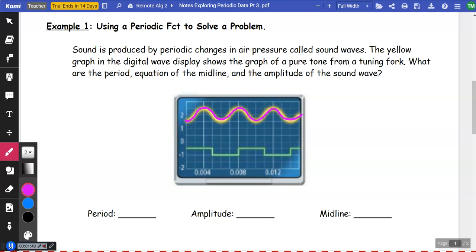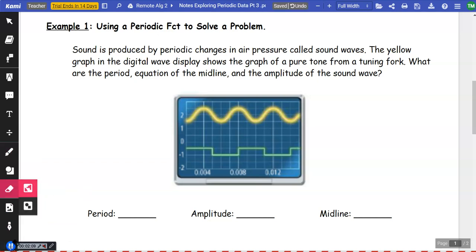All right, so getting back to this problem, we have a yellow graph that we're looking at, and that came from the sound that a tuning fork made. This is the sound wave. So we're going to identify the period, equation of the midline, and the amplitude.